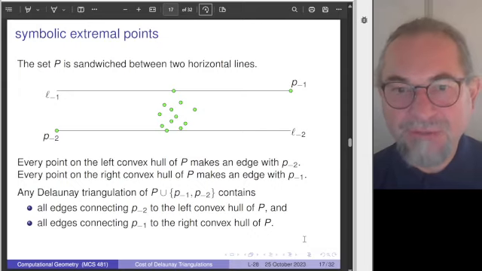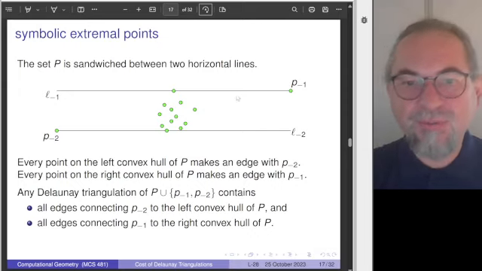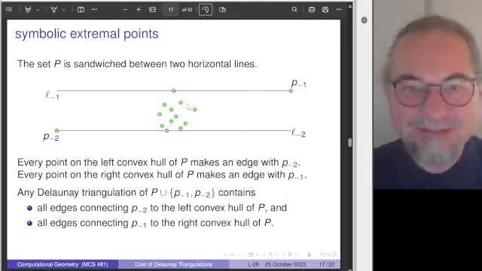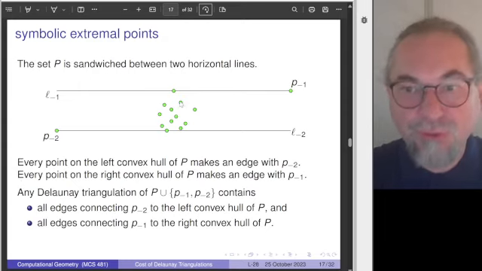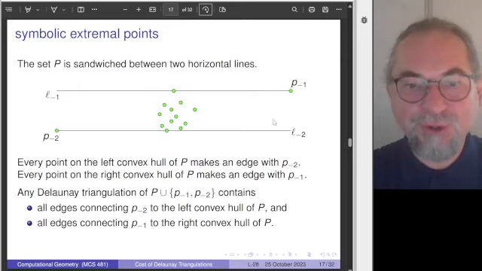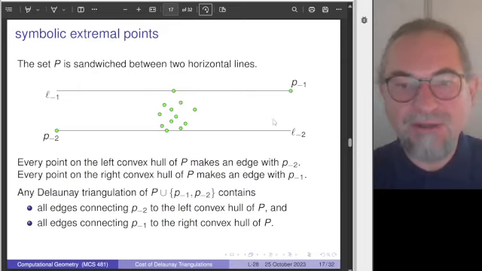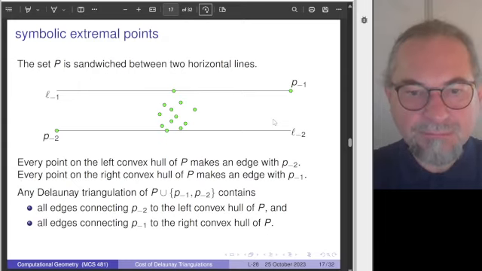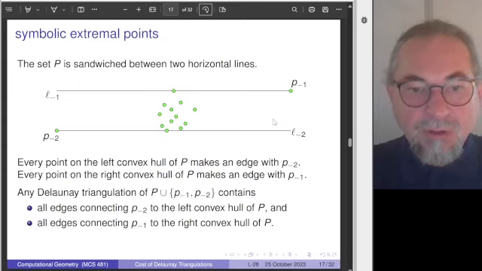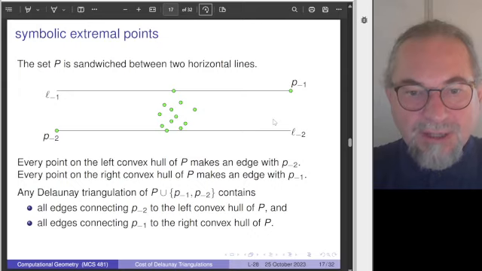Again, the convex hull may confuse you because the vertex set is the set of all input points. We won't throw away any of the points because we have geometric modeling as an application in mind. All right, I'm sorry, I'm contradicting myself.